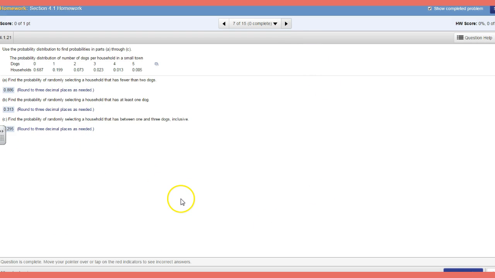Use the probability distribution to find the probabilities in parts A through F. In this problem, it gives me the probability of a household having 0 dogs, 1 dog, 2 dogs, 3, 4, and 5. Now I'm trying to find the probability of randomly selecting a household that has fewer than 2 dogs.